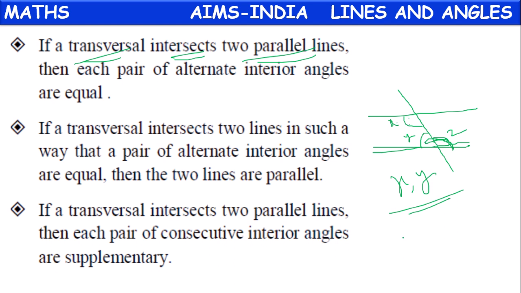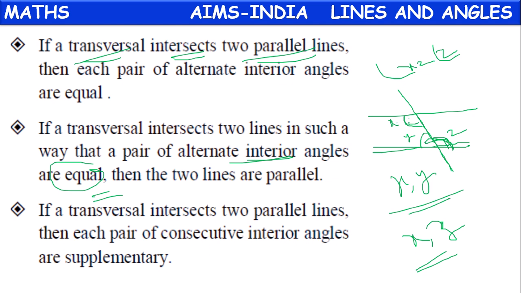X and z are called alternate interior angles. Alternate interior angles means, for the transversal, one is on that side and one is on this side. They are also equal. So angle x equals angle z.